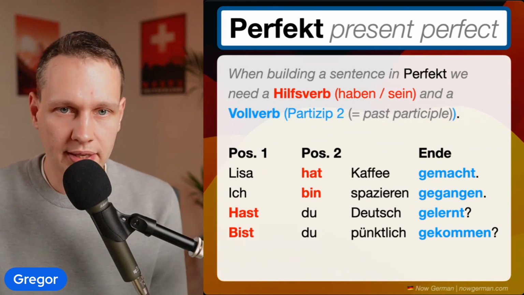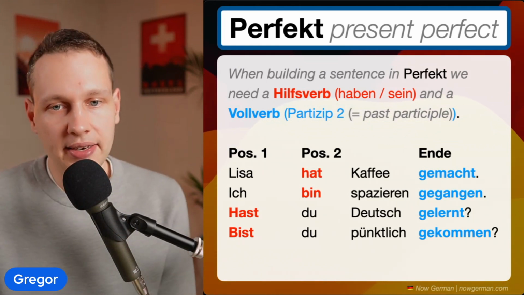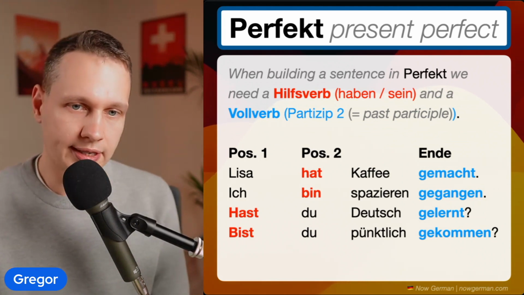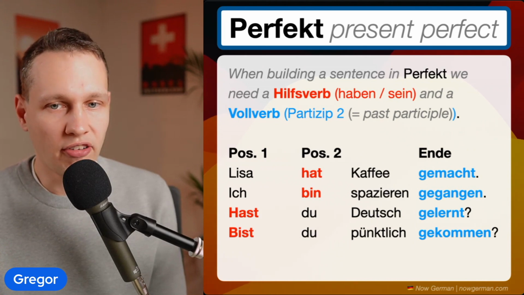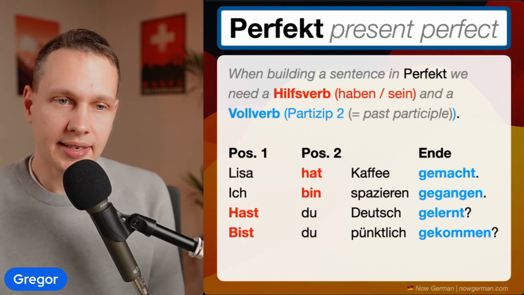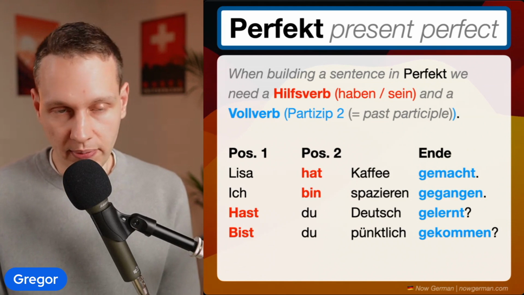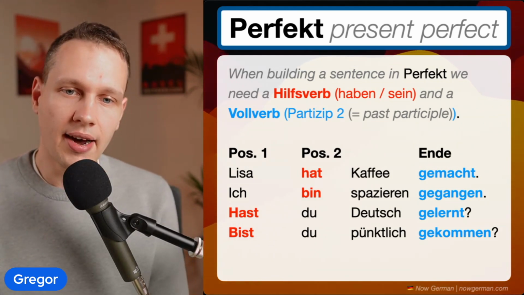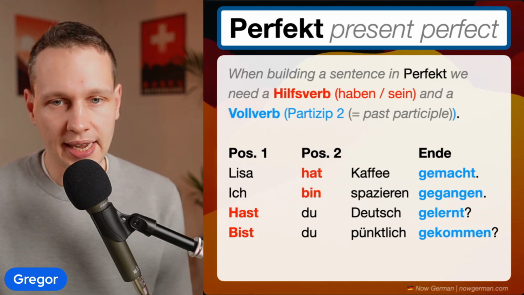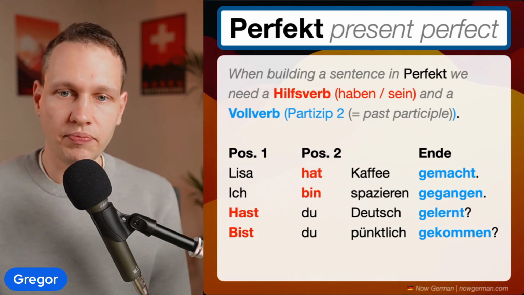That is the same with the Partizip 2 here. And if we have a longer sentence, for example, Lisa made special black coffee today. In that case, still everything, all this information, the black special coffee today, goes before the verb. Lisa hat heute schwarzen speziellen Kaffee gemacht.